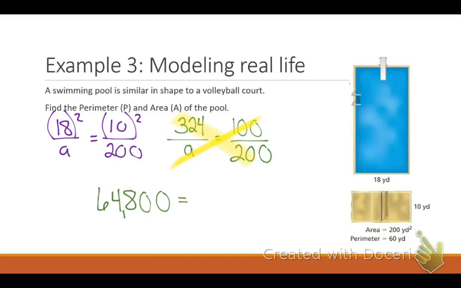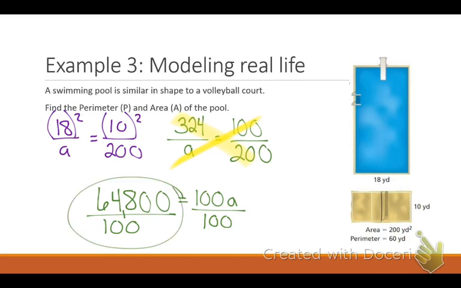And now 100A, okay? What do I do, Nick, to solve for A? Oh, you divide. Divide by what? 100. Divide both sides by 100, and you get... Okay, do you know how to do mental math to do division by 100? Yes. Take away the zeros.